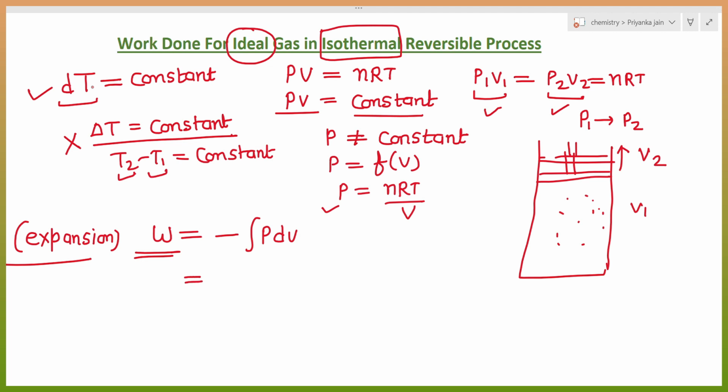Now we can write here in the place of P, nRT upon V, dV. This nRT is a constant term, so it comes outside, and we get the integration of dV by V with the limits V1 to V2.